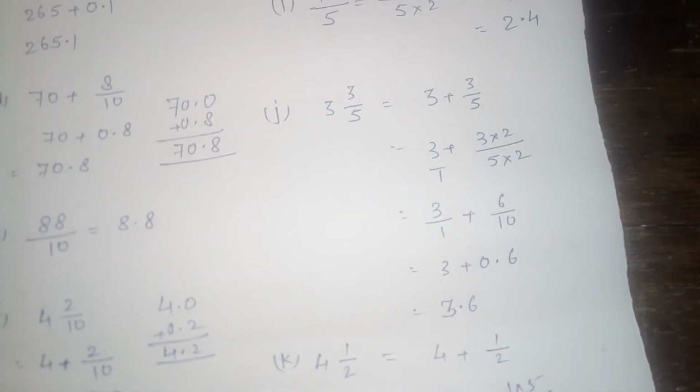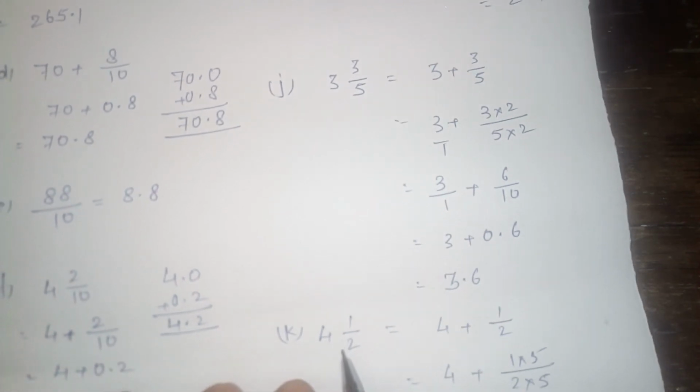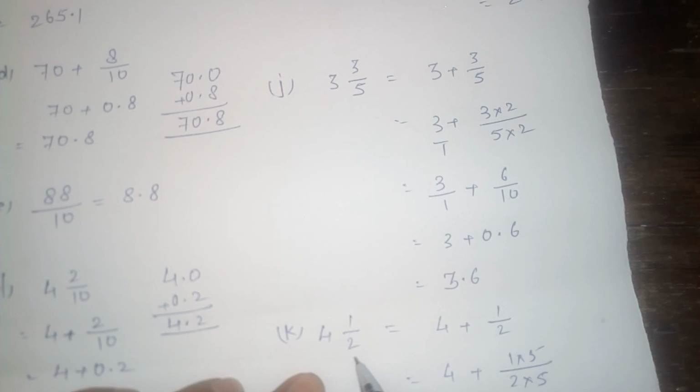Now question number K is 4 and 1 upon 2. 4 and 1 upon 2 we can write as 4 plus 1 upon 2. You know very well, 1 is the numerator and 2 is the denominator. 2 is easily converted to 10.